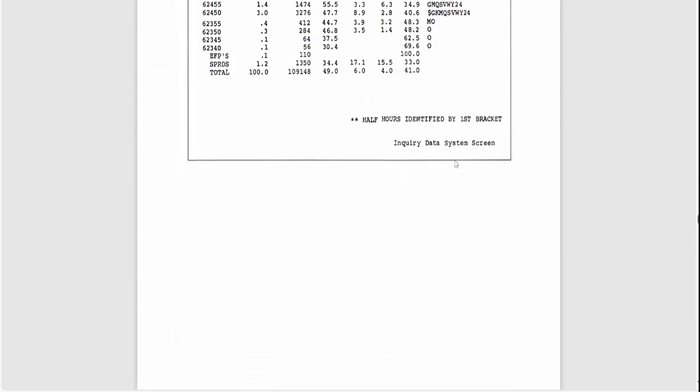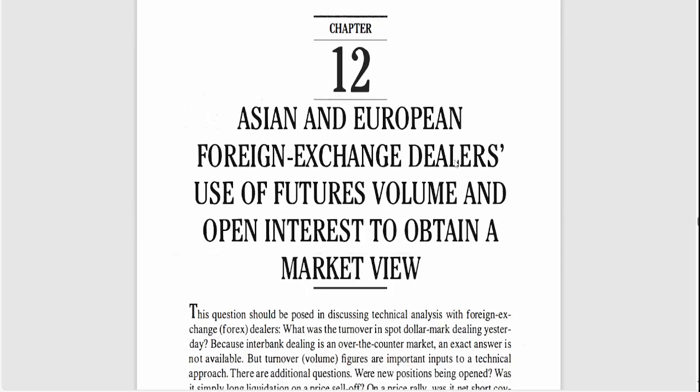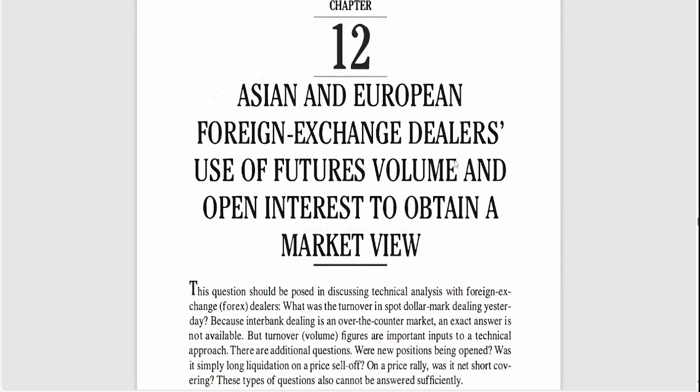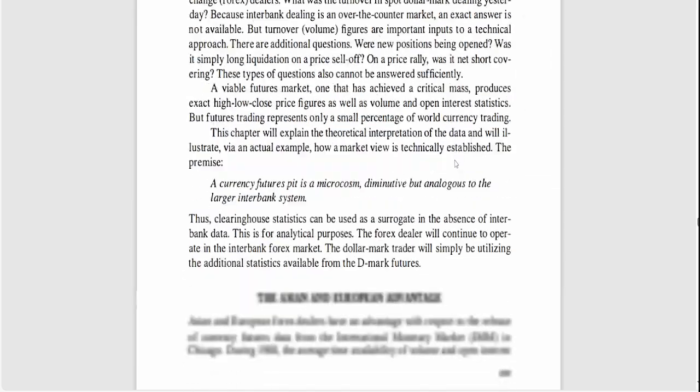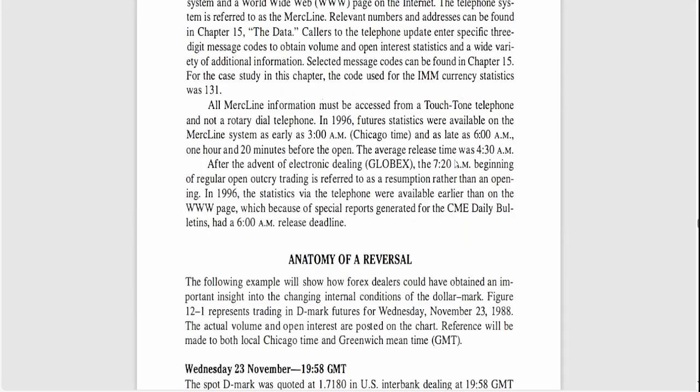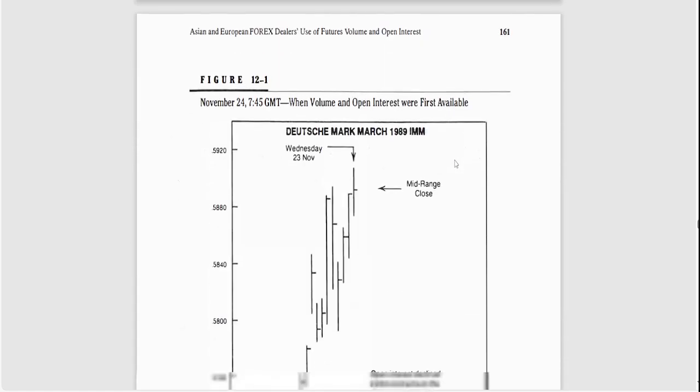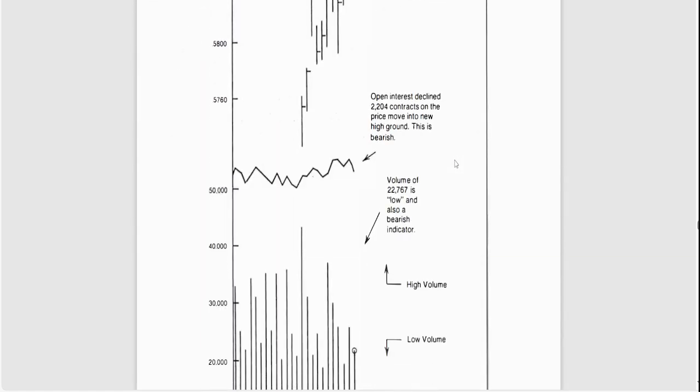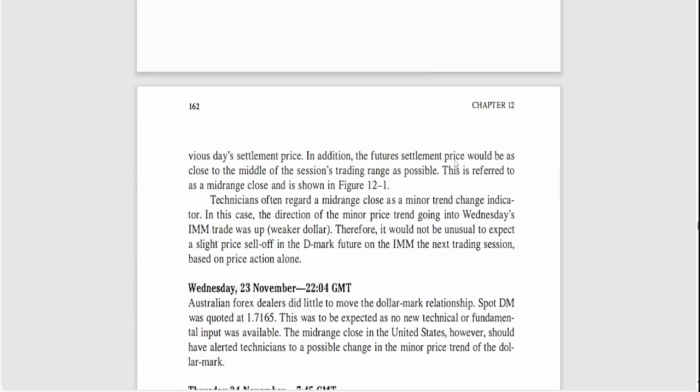Read those things very carefully. Asian and European Forex Exchange, use of volume, future volume, and open interest. Read that very carefully. These examples are very important. You read that and you will have an idea about what's going to happen.